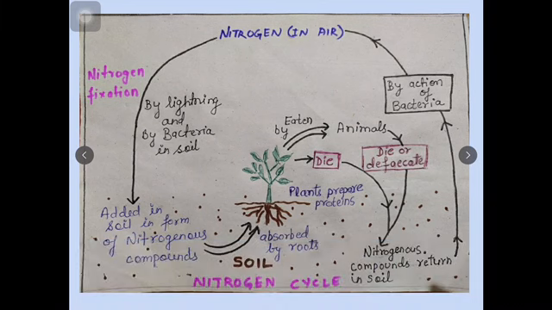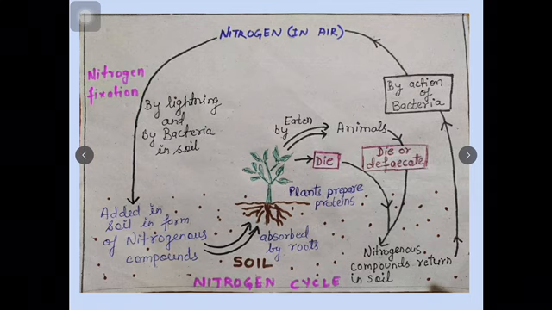So here you can see nitrogen in the air. This nitrogen fixation takes place. Nitrogen fixation can take place with the help of bacteria in the soil or by lightning also. Whenever there is a thunderstorm or lightning, there is a huge amount of energy.